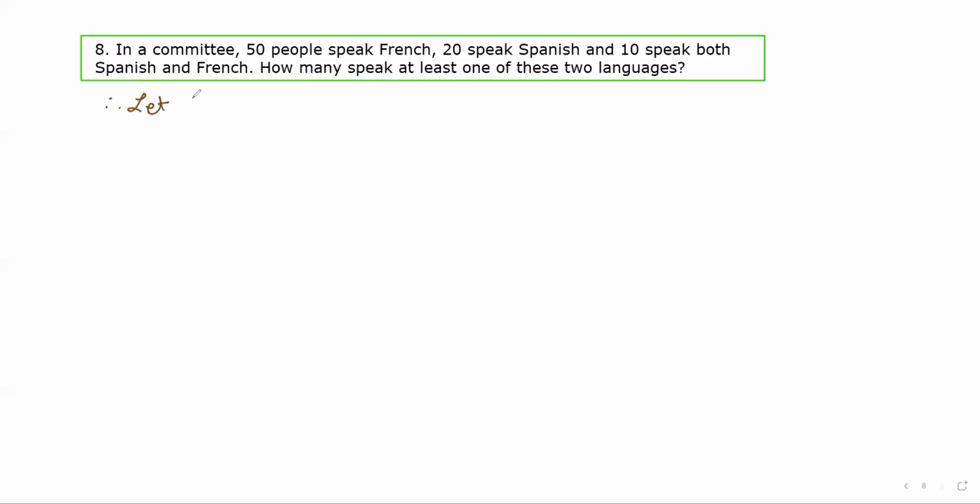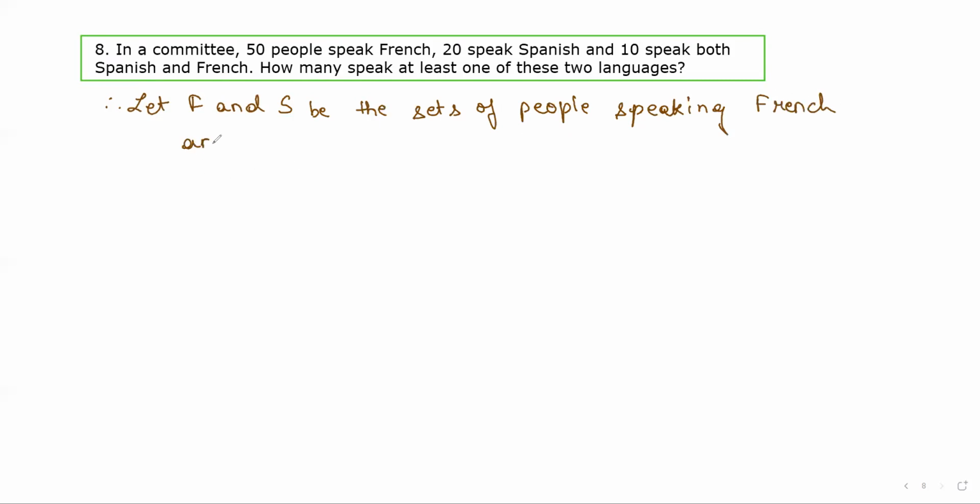Let F and S be sets of people speaking French and Spanish respectively.